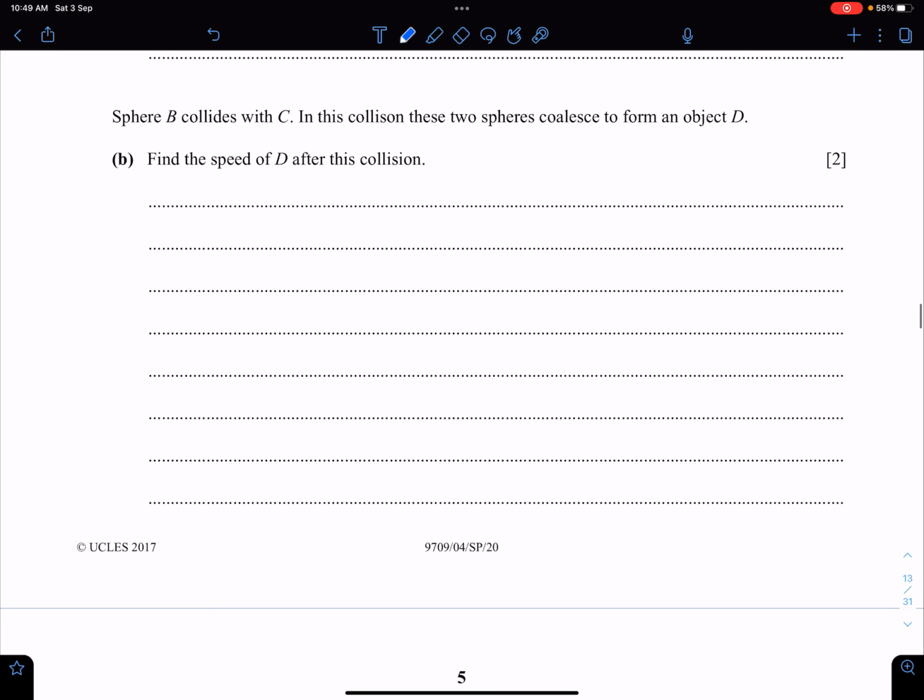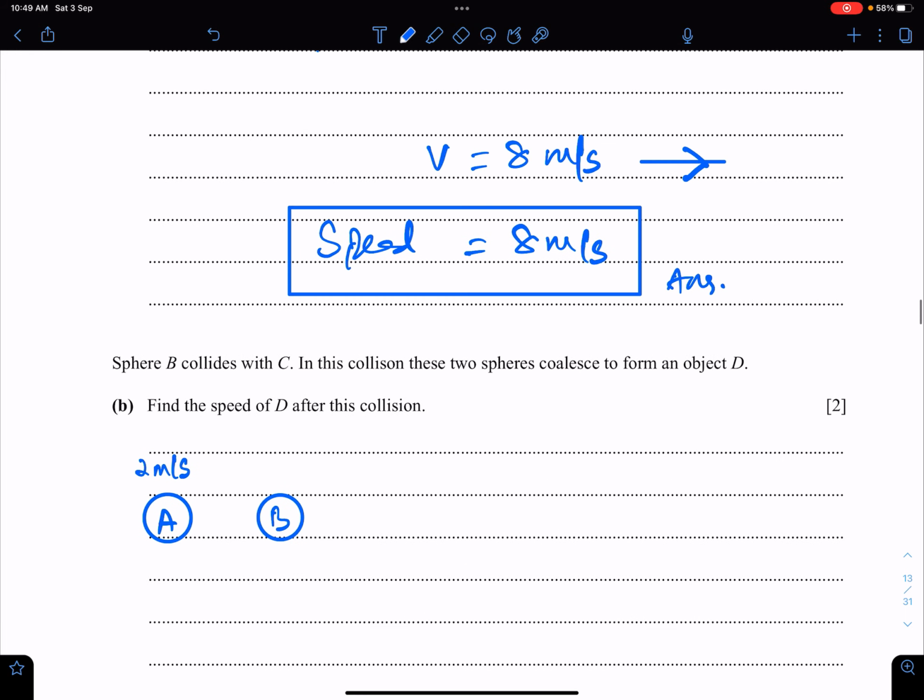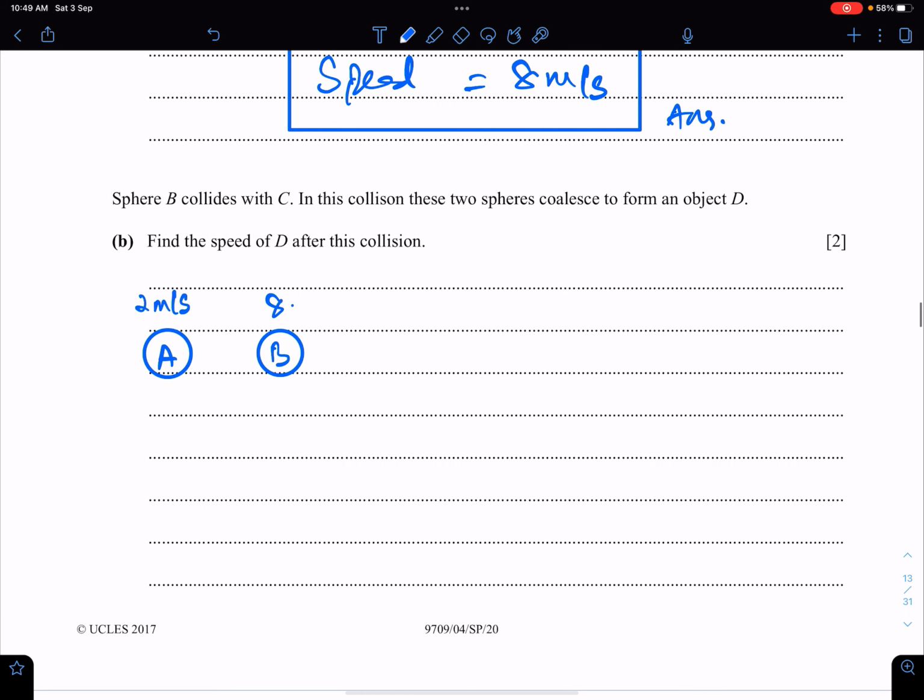Now sphere B collides with C. So this is sphere A. After the collision, the speed of A was 2 and the speed of B was 8 and C was at rest.